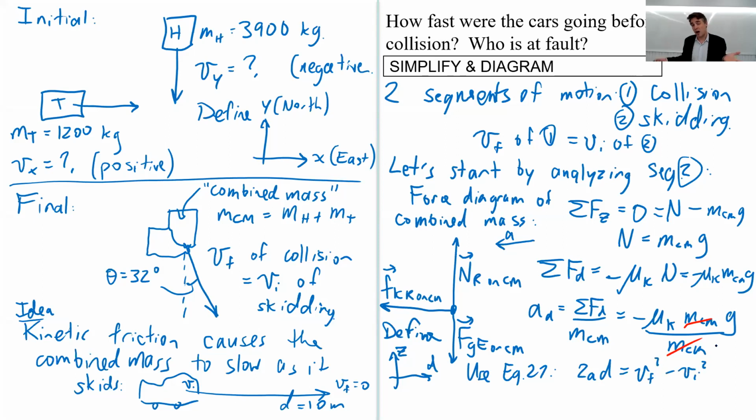The skid stops when the combined mass has a final velocity of 0, so this goes to 0. And you get v initial is equal to the square root of negative 2 times a_d times d. Plugging in our equation, you've got the square root of 2 times mu sub k times g times d, things that you've measured.